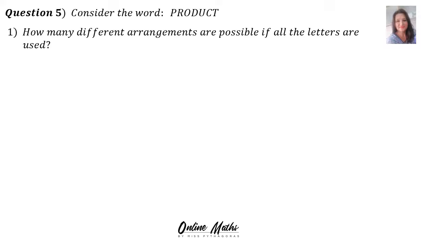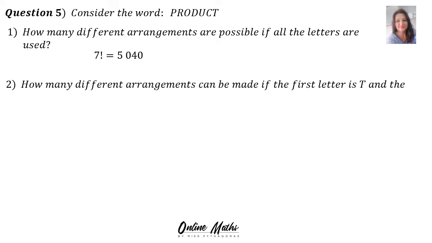Question 5. Consider the word PRODUCT. Question 1. How many different arrangements are possible if all the letters are used? Now, do you agree? Inside the word PRODUCT, we find 7 letters. Therefore, the answer is 7 factorial, 5040.